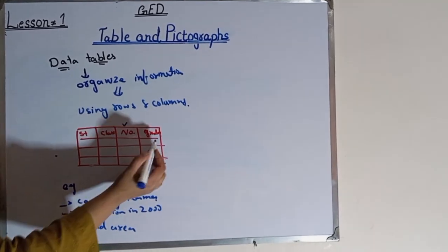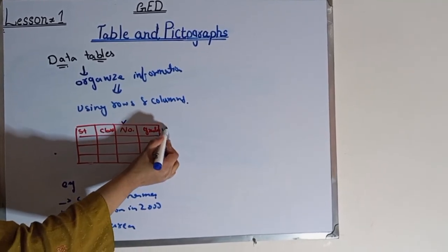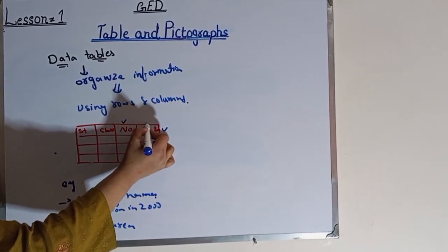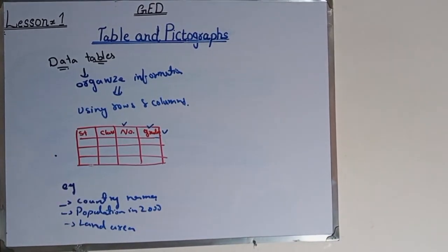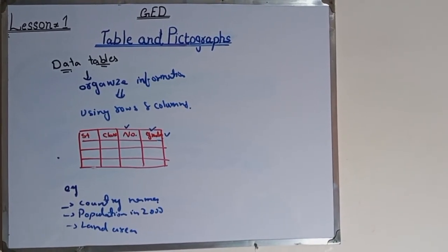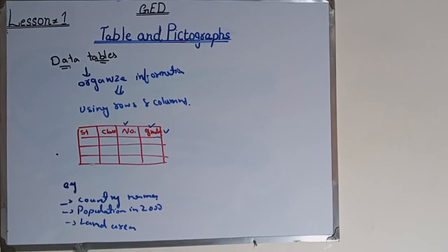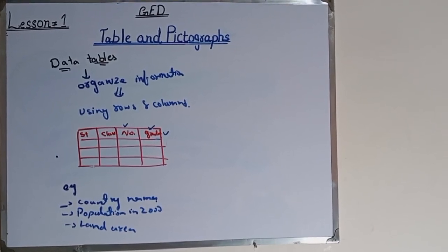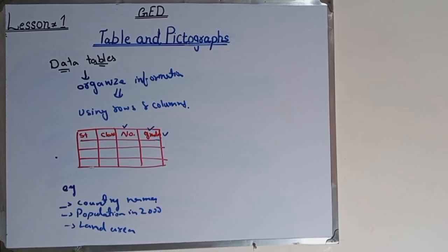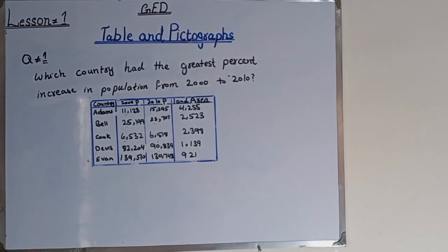If they ask about the grades, then you only see the column of grades of the students. So use only the information you need. Ignore extra columns if they are not required. For example, if the question is about population, you don't need the land area.